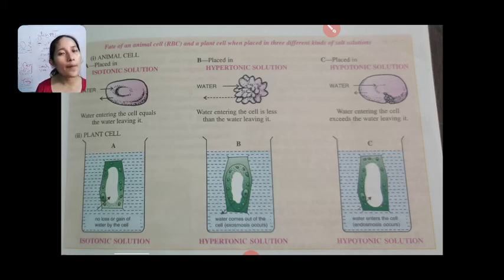So outside you have more water, so what will happen? Water always moves from higher concentration, higher amount, to the lower. So your water will be moving from the solution towards the cell. So if water moves from the solution towards the cell, what will happen? Swelling of the cell is going to take place, okay.